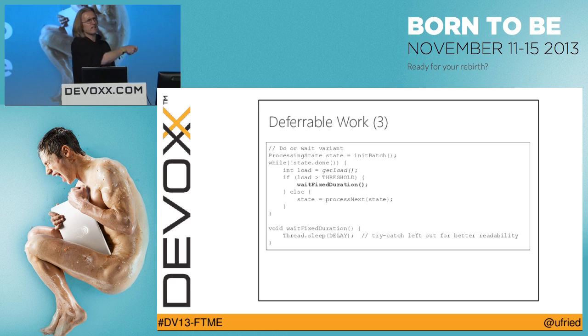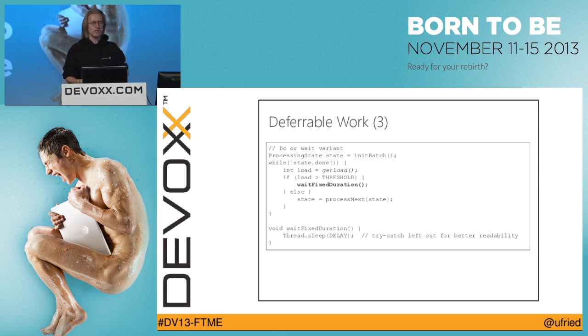That state is what you usually use in batch frameworks as your restart state. So if your batch breaks down, you have to restart the batch. You use that state to find out where the restart point is to continue the batch. And that's basically the core loop in here.